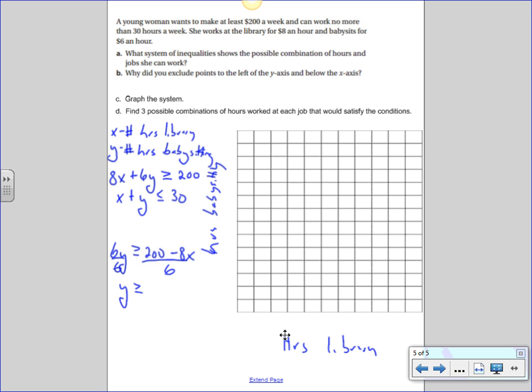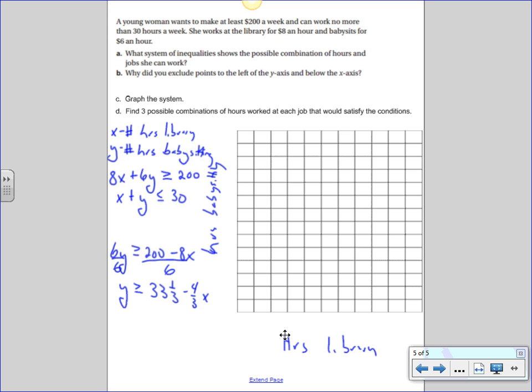It doesn't come out the neatest, but we'll figure it out here. Let me grab a calculator. 200 divided by 6 is 33 and a third. So 33 and a third minus 4 thirds x. Okay.